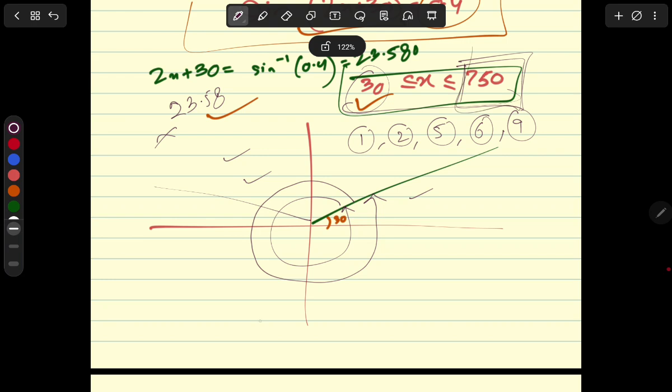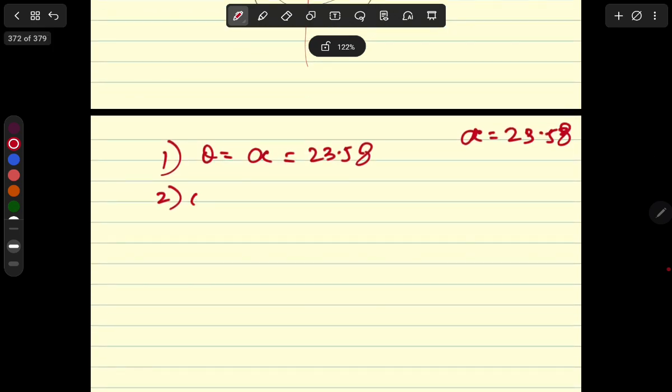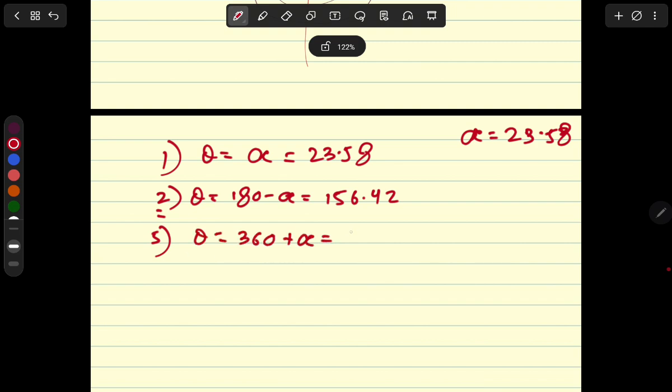Okay, in the first quadrant, I will write it down properly. In the first quadrant, theta is equal to alpha, and alpha is nothing but 23.58. We will do the rejection and acceptance afterwards. In the second quadrant, this is 180 minus alpha, which is approximately 156.42. Then in the fifth quadrant, because third and fourth are negative, theta is equal to 360 plus alpha, which is 383.58.